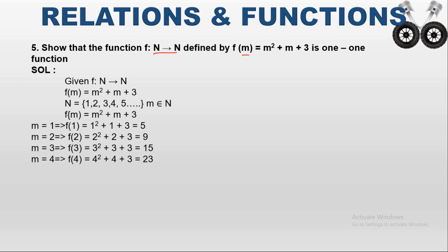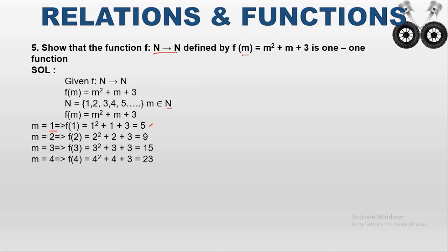Given f is a function from N to N, f of m equals m square plus m plus 3, then N equals 1, 2, 3, 4, 5, where m belongs to capital N, the natural numbers. When I substitute m as 1, 1 square plus 1 plus 3, 1 square is 1, 1 plus 1 plus 3 equals 5.